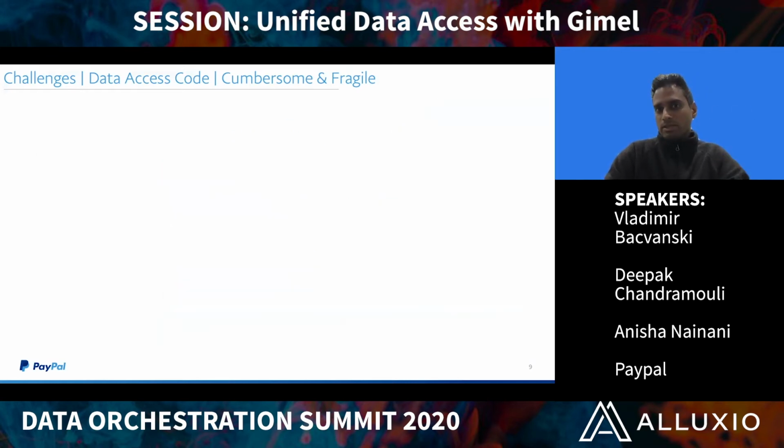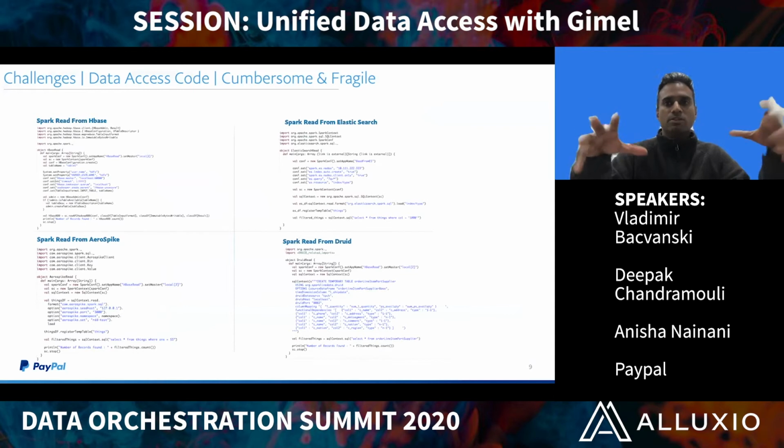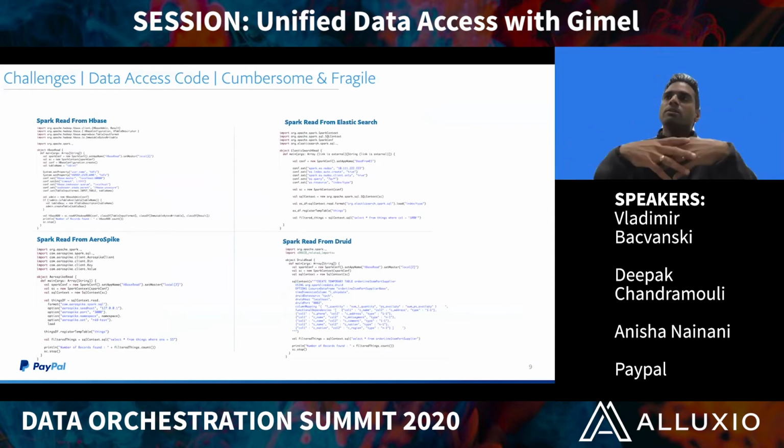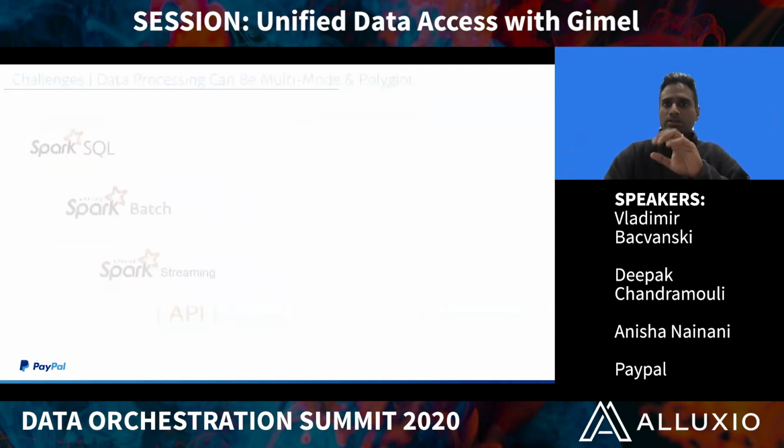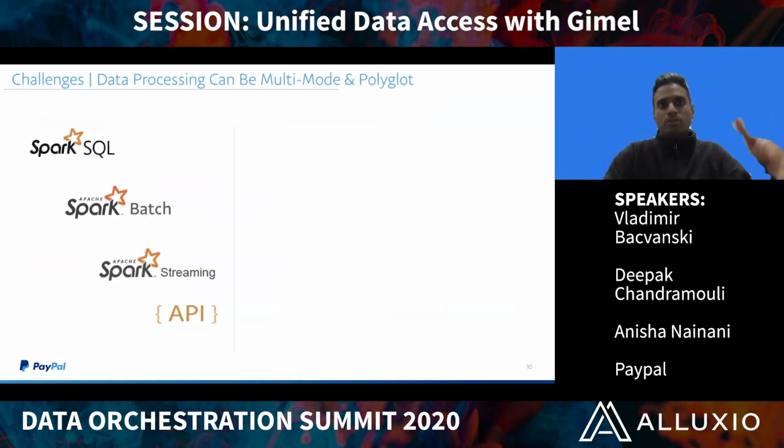And if you apply the same pattern to different technologies like Elasticsearch, Druid, Aerospike, Hadoop, or many of the plethora of cloud technologies that we have today, it goes all across the board, and there are multiple ways of doing this.